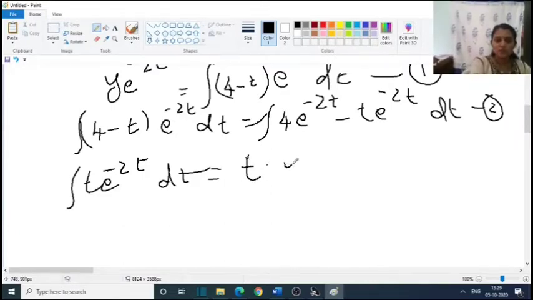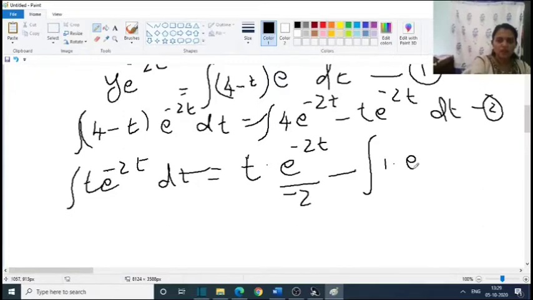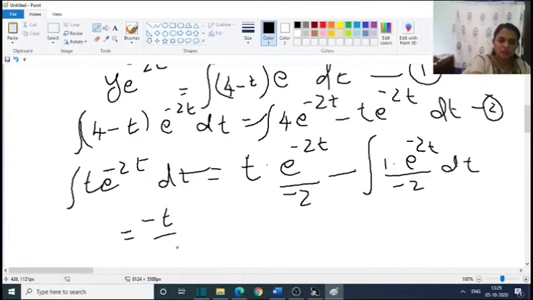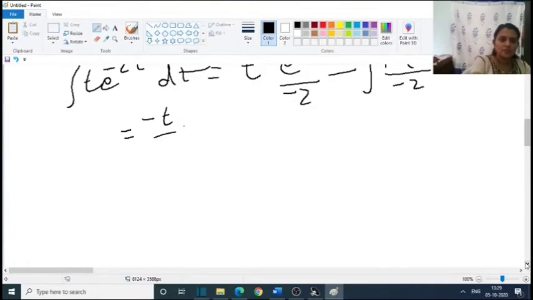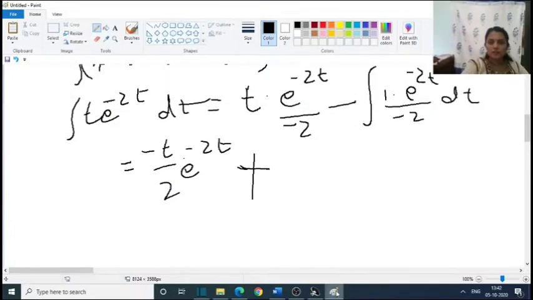So first into integral of the second, e raised to minus 2t by minus 2, minus the integral of derivative of first, which is 1, into e raised to minus 2t by minus 2 dt, which is equal to minus t by 2 e raised to minus 2t plus, minus and minus is plus, 1 by 2.